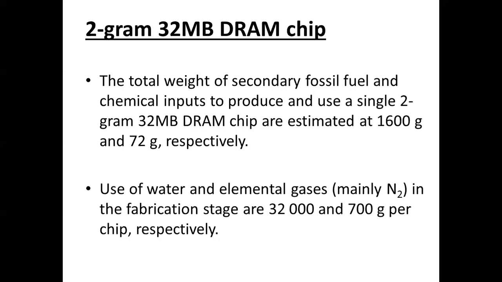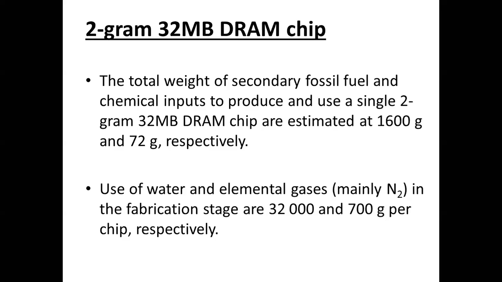It's quite funny, but this is not to say funny, it is quite serious environmentally. And to produce this, they are using water, 32,000 grams, and mostly nitrogen, 700 grams per chip.